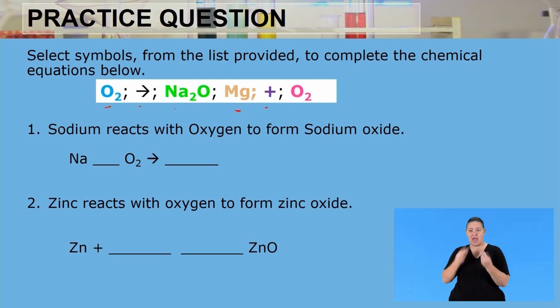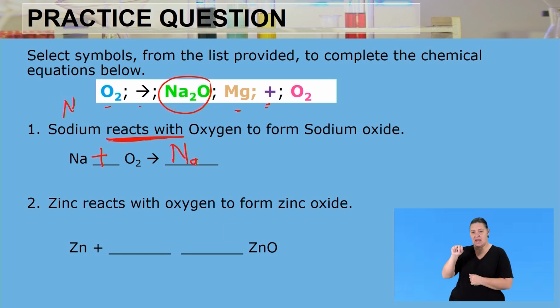So sodium, we know, is Na, and reacts with means it must be added to something. So Na plus, so our first symbol is going to be the plus. Na plus O2 reacts to form sodium oxide. Sodium oxide is given in the list provided, so this is going to be Na2O.